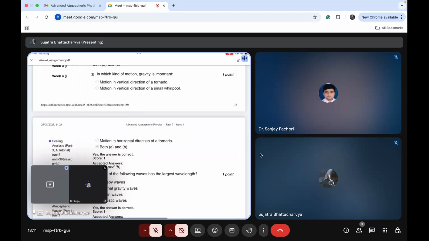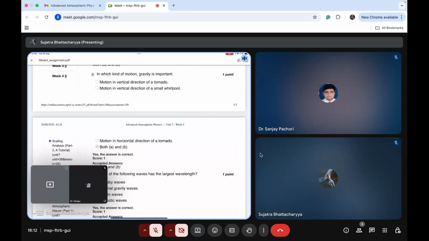And the other option is motion in the horizontal direction of a tornado. There, gravity is not important. Gravity acts only in the vertical component. Horizontal components do not have any influence on the vertical component. They are perpendicular, or orthogonal, to each other. Similar to a physics vector problem, we have our x axis and our y axis.